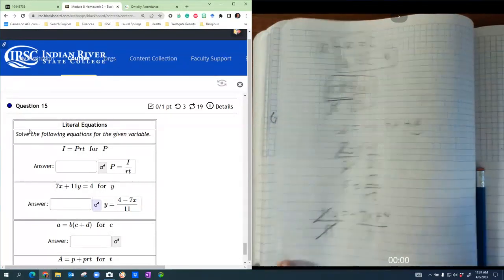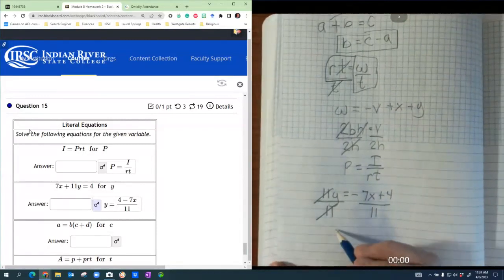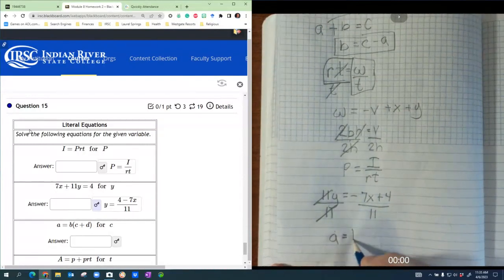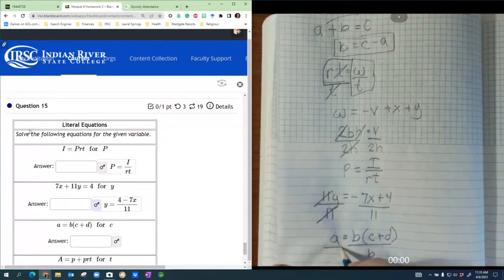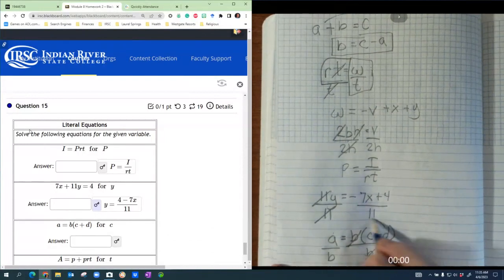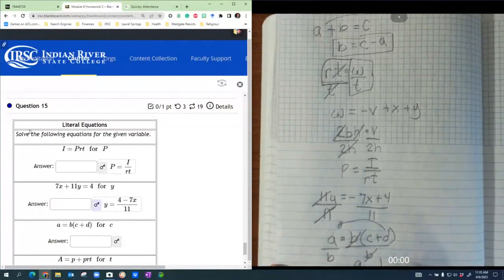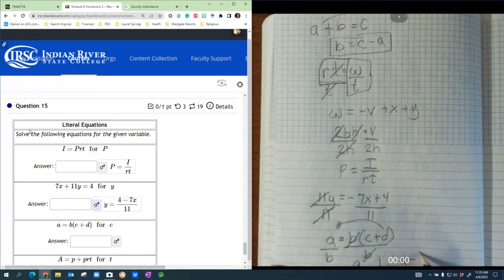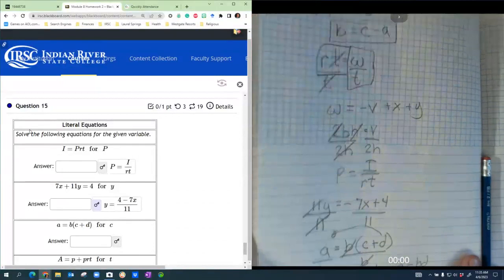Now, when they ask you to solve for C here, we have an issue with the grouping. So we got to get rid of that B that's multiplying it first. We're going to divide both sides by the B to get rid of it. And then we're going to bring the D over and make it become negative. So C equals A over B minus D. Or I could put it as A minus BD over B. So I write that both ways.